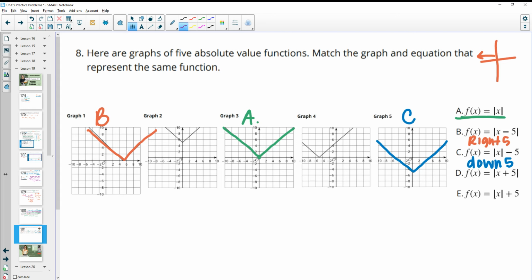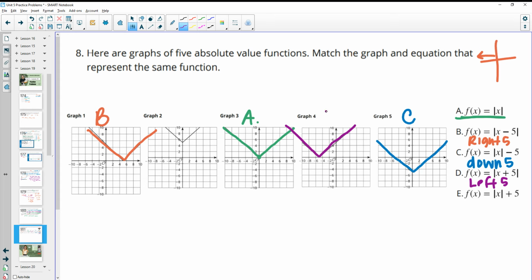So then D again has the number inside of the function. So that's going to impact the domain opposite of what you think. So a +5 is actually going to move it left 5 units. So from here, we're going to move to the left 5 units. And we see that in graph 4.